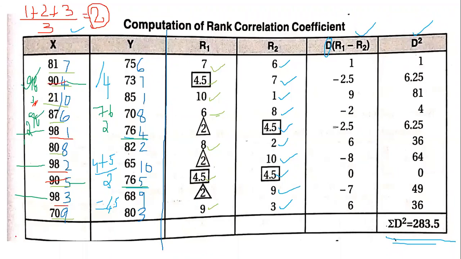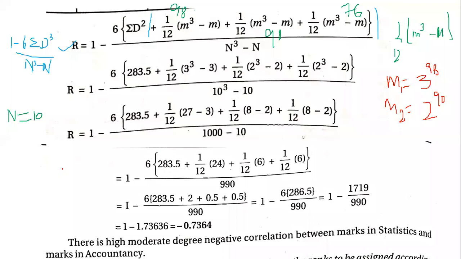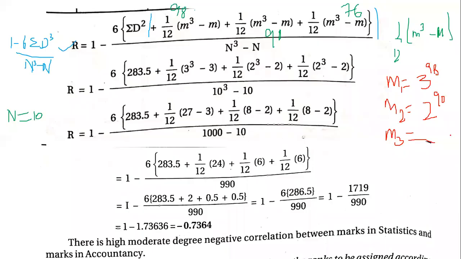So m2 is equal to 2, so 2 cube minus 2. Then third time, that is m3, is for 76. Now how many times 76 is repeated? 1, 2, 2 times. So 76 also it is 2, that is why 2 cube minus 2.